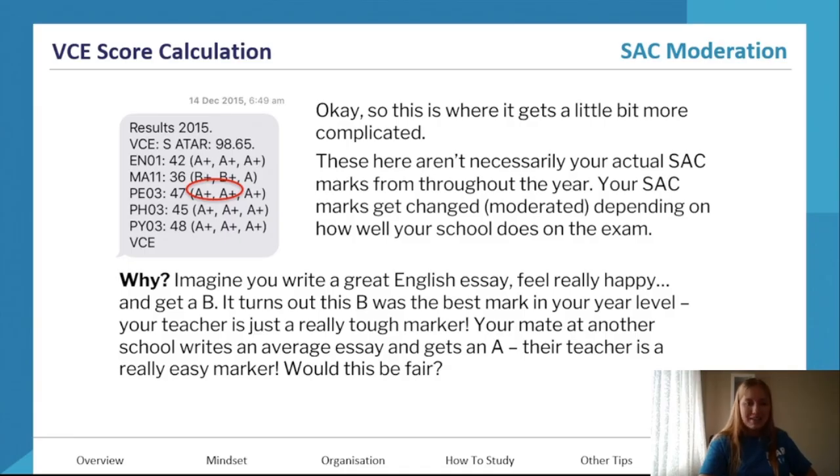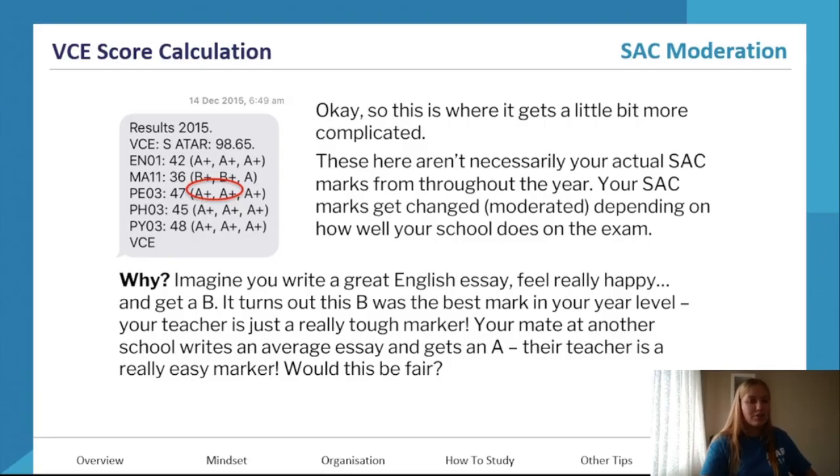So why does this happen? Imagine you write a great English essay and feel very happy, and then you just get a B on your essay, on your SAC. It turns out that this B was the best mark in your year level, and the teacher is just a tough marker because that's just the circumstances, your teacher and your school.